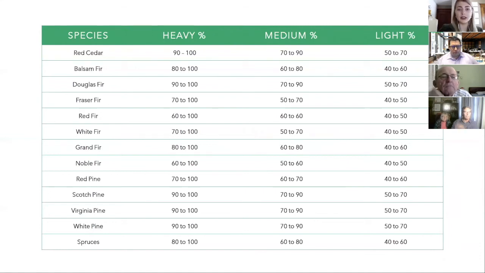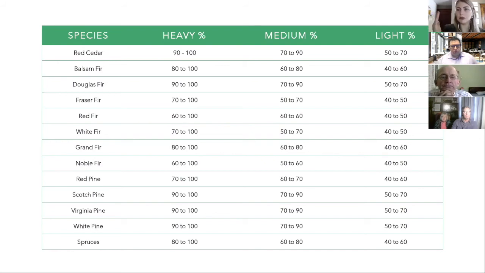Okay, and here's an example of that. The main characteristic that the species is relevant to is density. The density of a balsam fir, for example, is judged quite differently than the rest of the species would be. Let's look at a balsam fir compared to that red cedar at the top of that chart there. For the balsam fir, a heavy density would refer to more than 80% coverage of the main stem. That's the main center stem running up the tree.